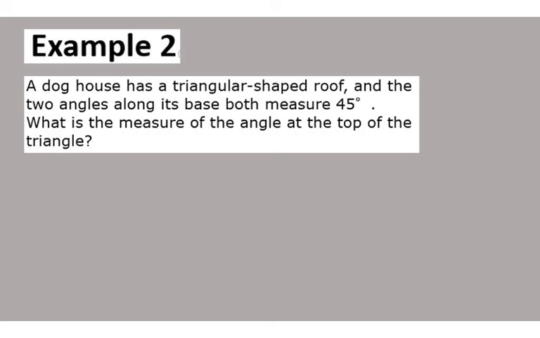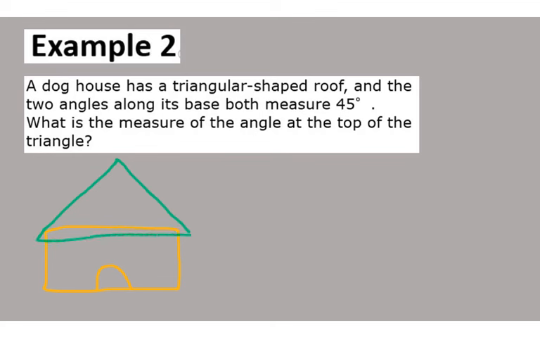All right, example 2. A doghouse has a triangular shaped roof, and the two angles along its base both measure 45 degrees. What is the measure of the angle at the top of the triangle? Okay, I'm not really an artist, but let's pretend that I can draw a doghouse. There's the opening, and the roof looks something like this.